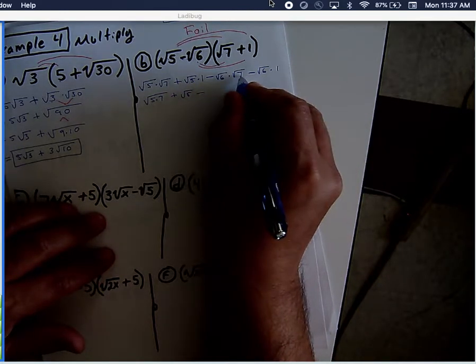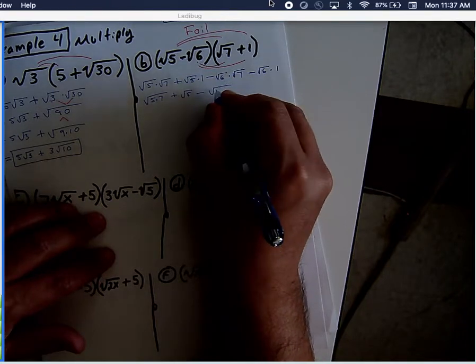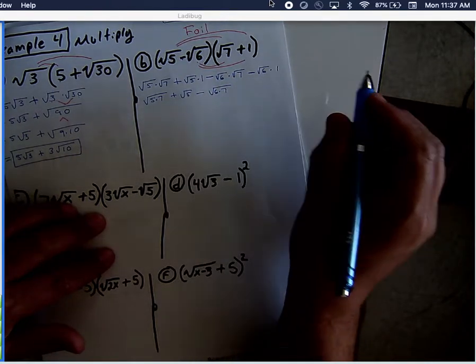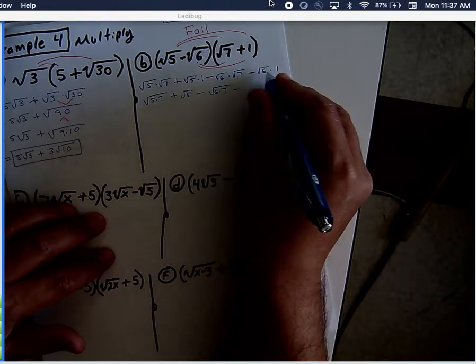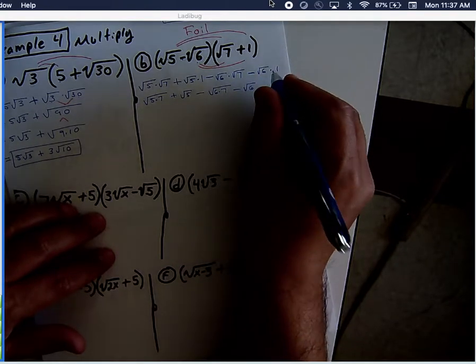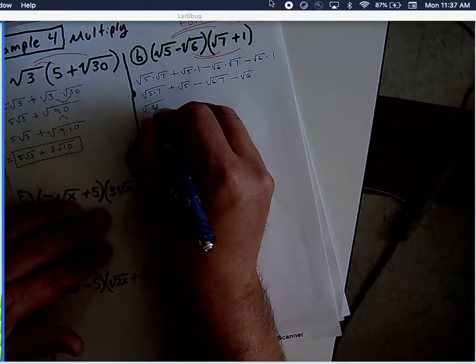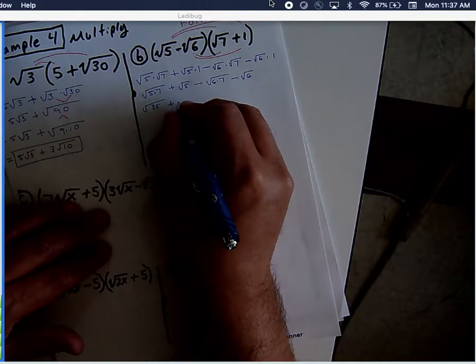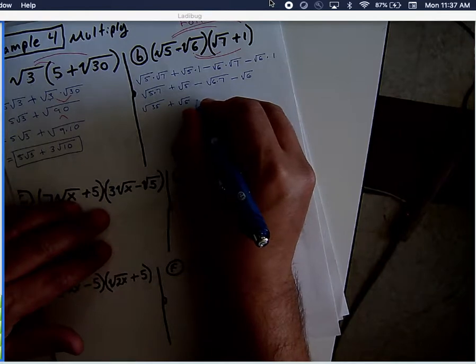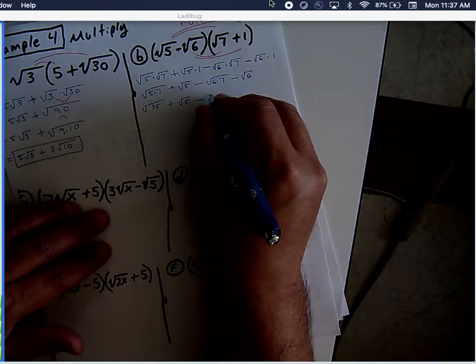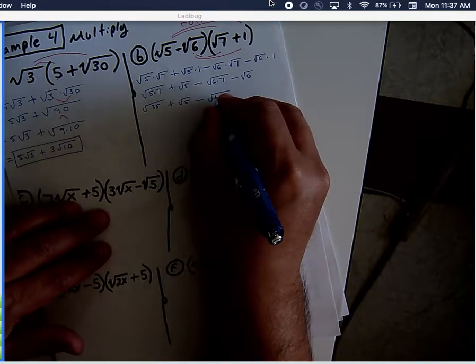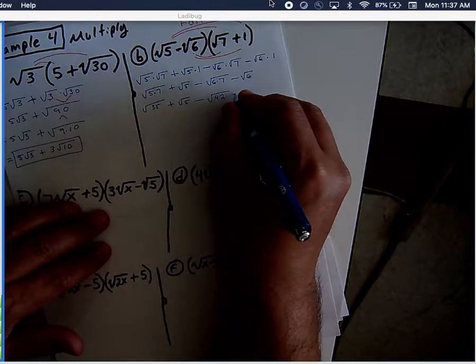Minus, again, these two inside because they have the same index, so 6 times 7, minus square root of 6, right? The 1 doesn't affect it. So this would give you square root of 35 plus square root of 5 minus square root of 42 minus square root of 6.